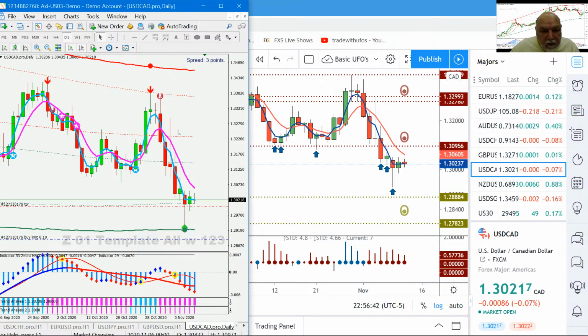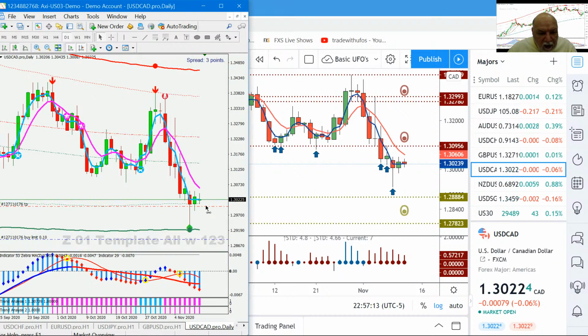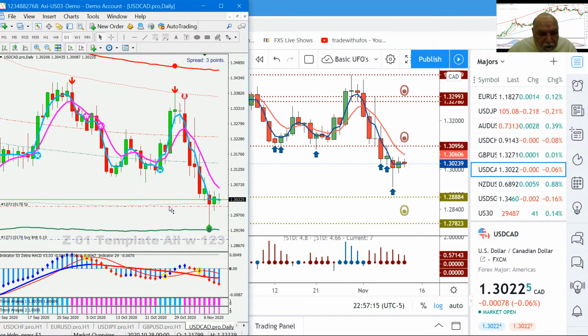And something wrong here. 1.3. No, definitely not. That is not a good target. That is not the good target that I want. I want to move this up.